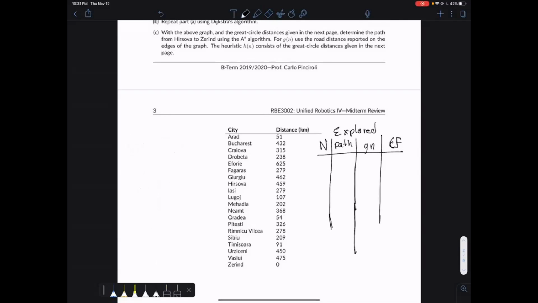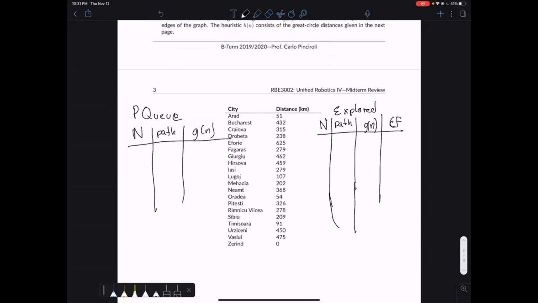In my priority queue, I shouldn't have erased it, so we'll just rewrite it. Our priority queue is going to have node, and then g of n, and then our path cost.